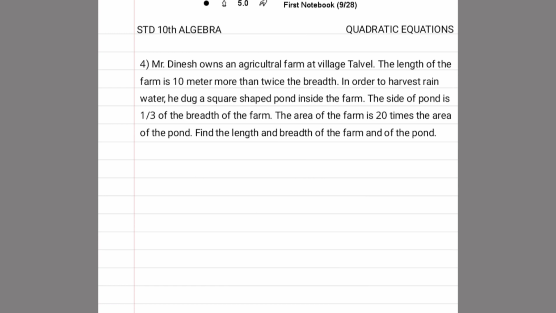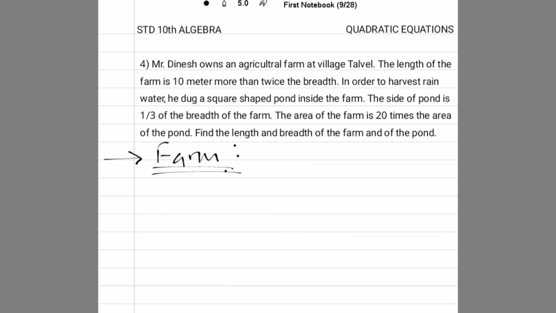So we have to find both, and I know it is a little confusing, but yes, we will solve it in a simple manner. Now see what they have given, just first note it down. First we will take the farm's length and breadth.